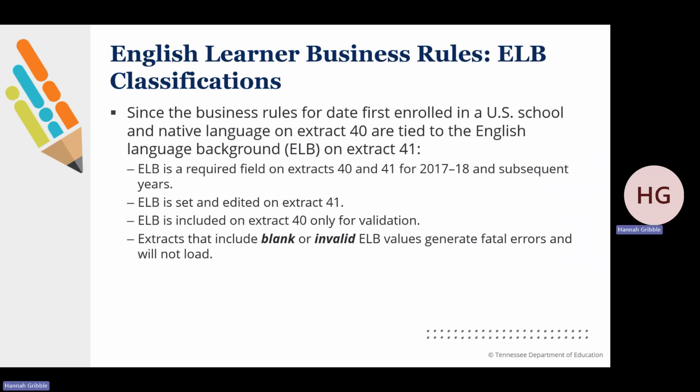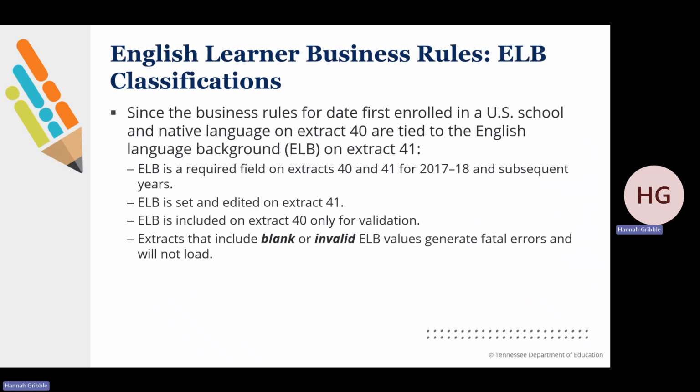Since the business rules for date first enrolled in a U.S. school and native language on Extract 40 are tied to the English language background on Extract 41, English language background is a required field on Extracts 40 and 41 for the 2017-18 and subsequent years.